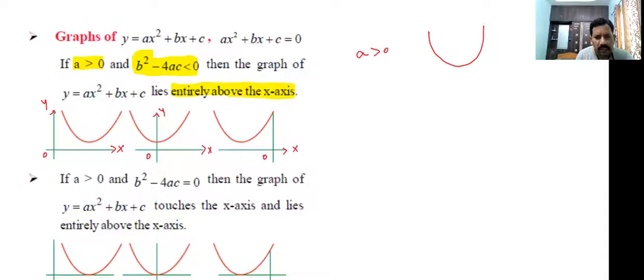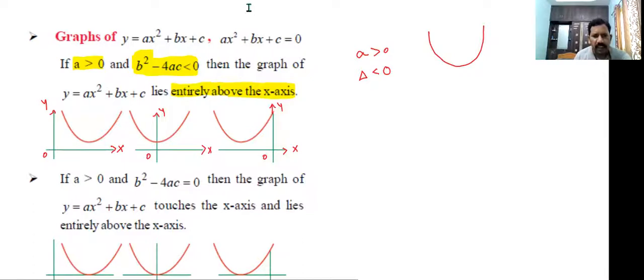Students, remember, if a greater than 0 and discriminant is less than 0, the curve is entirely above the x-axis. It's turning upwards.